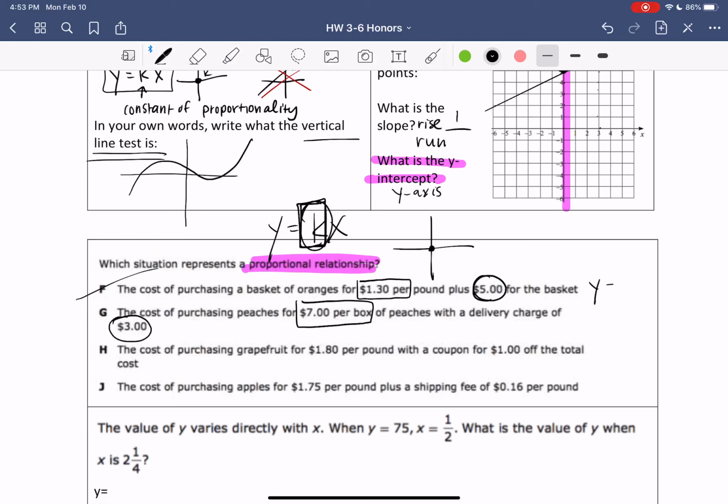This is going to look like y equals 1.3x plus 5, and this one's going to look like y equals 7x plus 3. So these are not in the form of y equals kx. These are y equals mx plus b, which is non-proportional. You can go ahead and look through the other two to see whether that would be proportional or not.